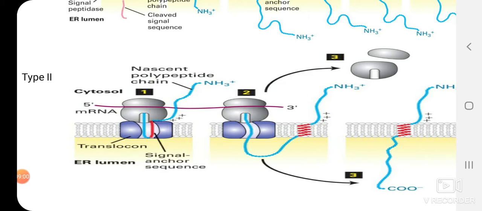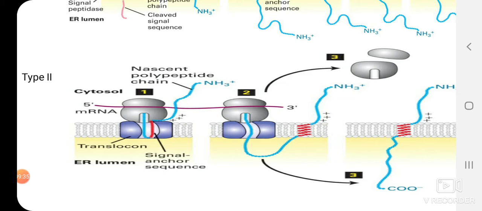But during its translocation, a series of positively charged amino acids are going to get synthesized. As soon as the series of positively charged amino acids get synthesized, the translocation of the polypeptide chain into the lumen of endoplasmic reticulum is going to get somewhat altered.